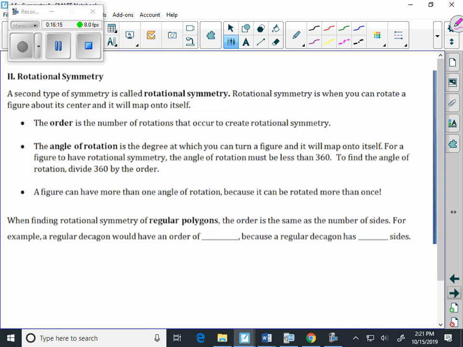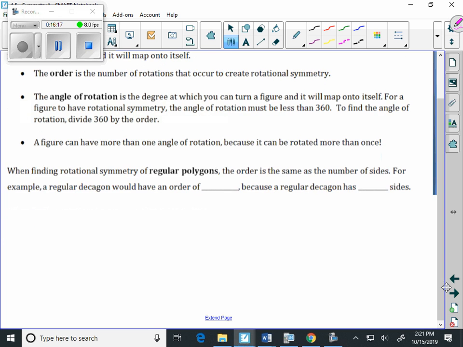And finally, when finding rotational symmetry of regular polygons, the order is the same number as the number of sides. For example, a decagon has 10 sides.